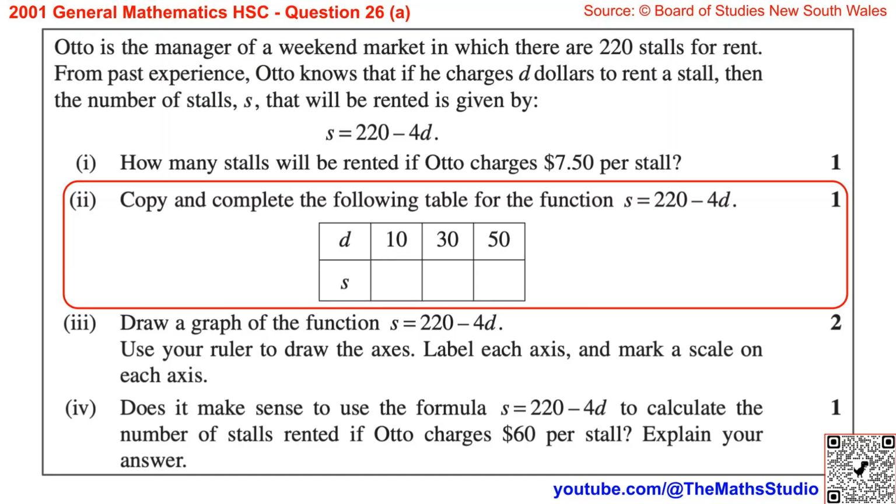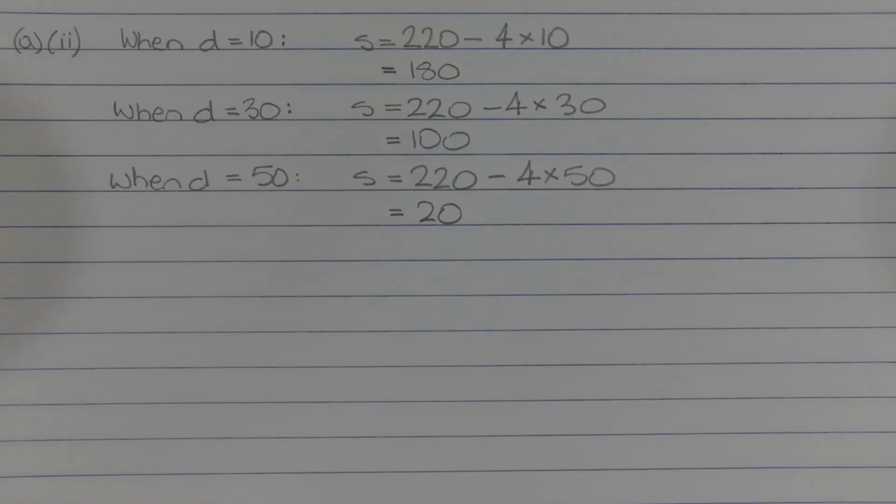Part 2. Copy and complete the following table for the function S equals 220 minus 4D. To complete the table, substitute the various values of D in the first row to find the corresponding value for S in the second row.